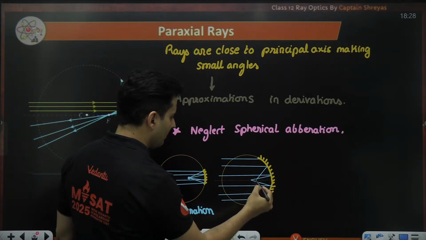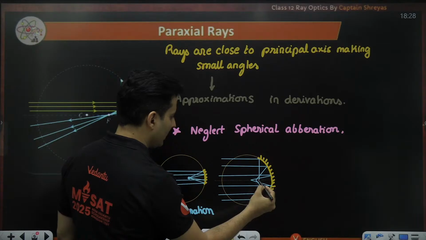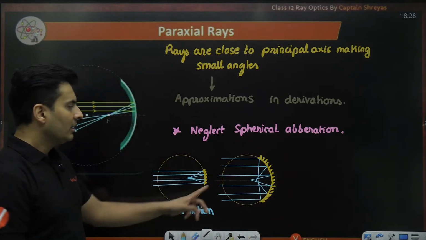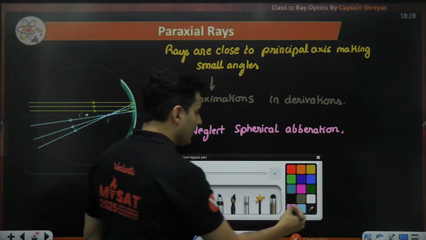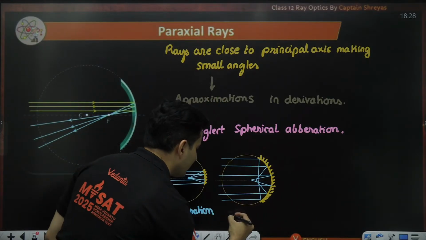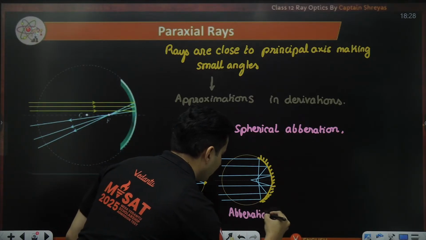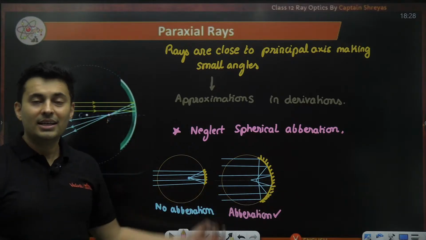Then let's say this ray will meet here, and maybe this ray will meet here. As you can see, there is no clear focal point. The focal point is different for different rays. So definitely there is aberration. The focal point is not the same.